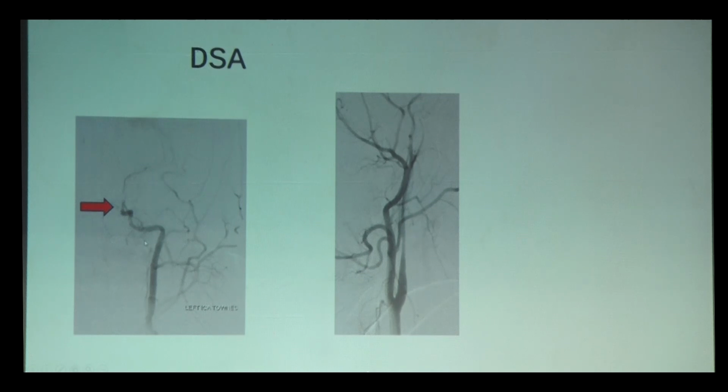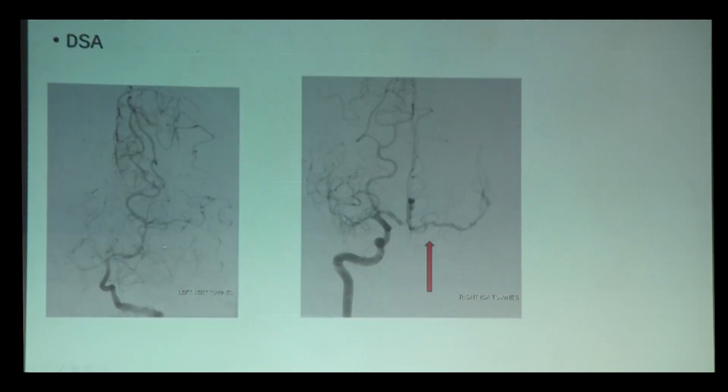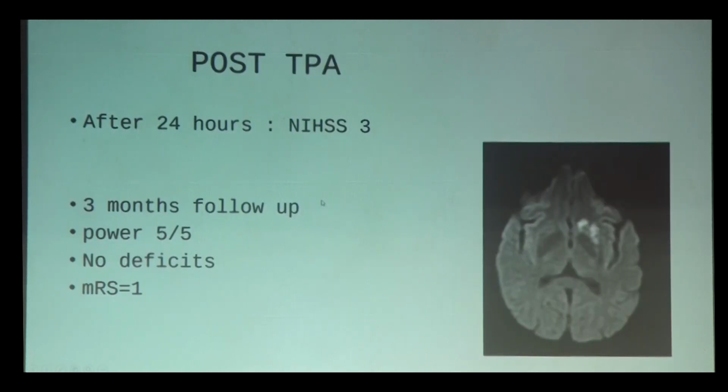She is well compensated by her left PCA with moderate to good collaterals, and the left MCA is also reformed by the right ICA. So this patient is actually a case of unilateral moyamoya. After 24 hours her NIHSS improved to 3, and at 3 months follow-up her power is 5/5 in all 4 limbs, with no deficits, and she is currently mRS 1.